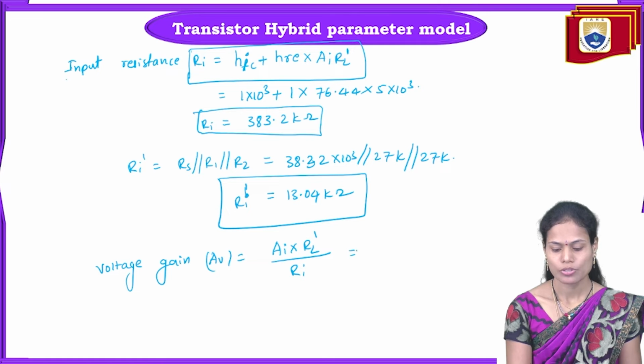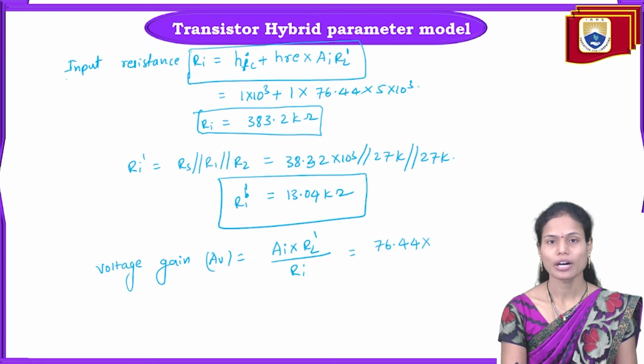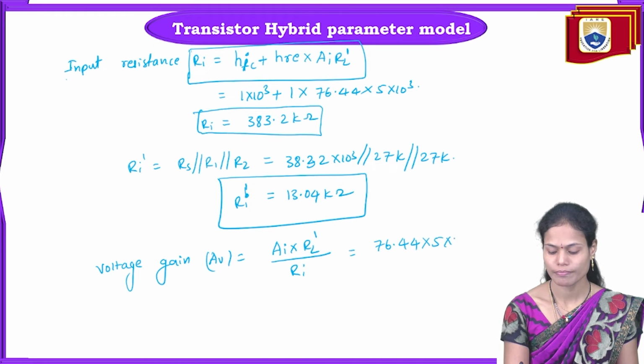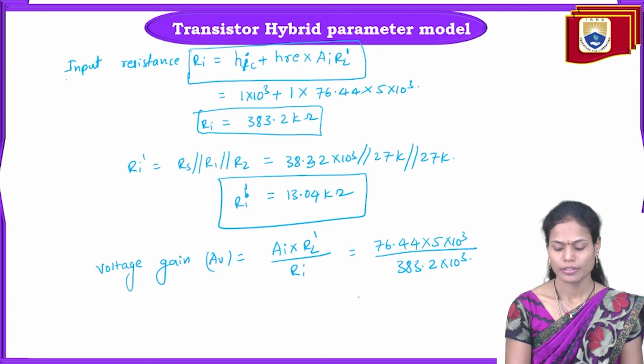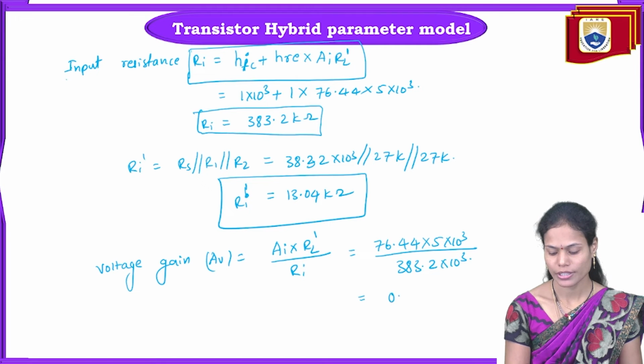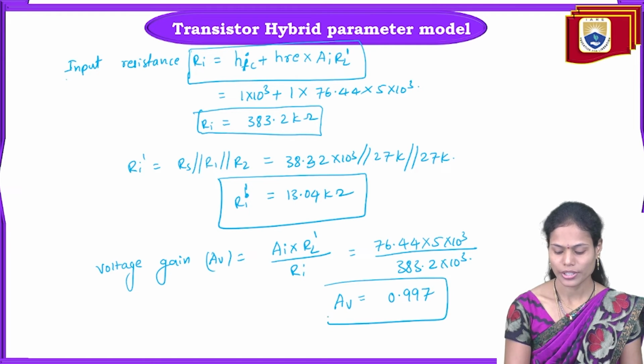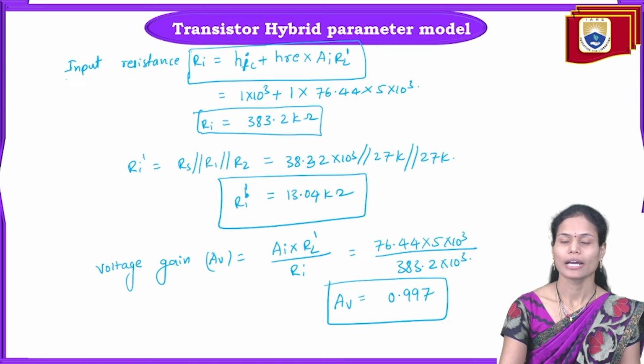So AI value is 76.44, which we have already calculated, into RL dash, which is 5 kilo ohms, divided by Ri, which is 383.2 into 10 power 3. After simplification, we will get 0.997. So this is the voltage gain of the amplifier circuit.